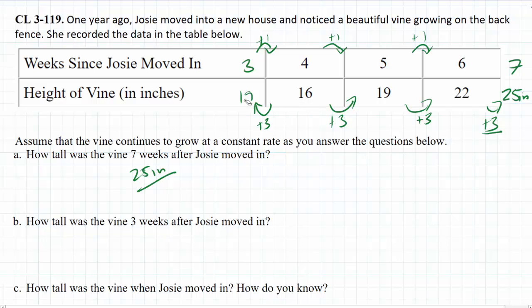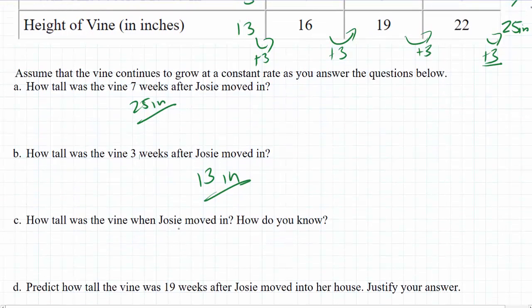However, we need to remember that we're going back in time, so we're decreasing the weeks. So that must mean that we have to think backwards. What plus 3 is 16? Well, 13 plus 3 is 16. So in 3 weeks, the vine was 13 inches.